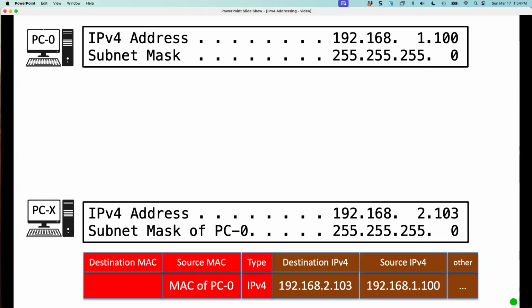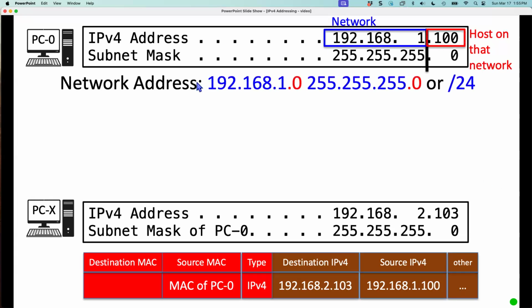Okay, how about this example here? PC0 sending to PCX. Source IP address, source MAC address of PC0, destination IP address 192.168.2.103. Again, PC0 already knows its network address. We saw that process earlier, and it knows I'm on the 192.168.1.0 network.